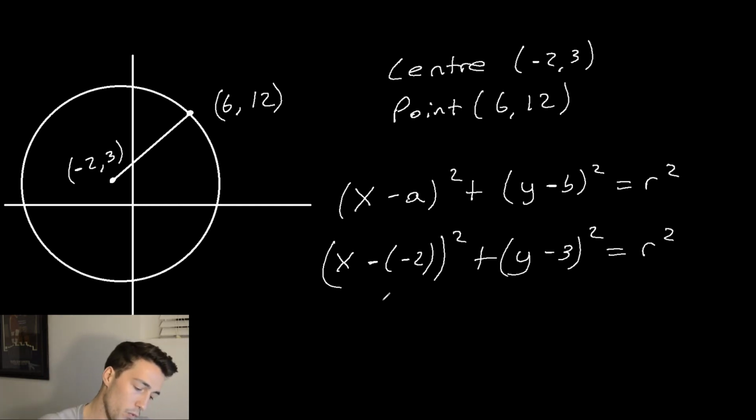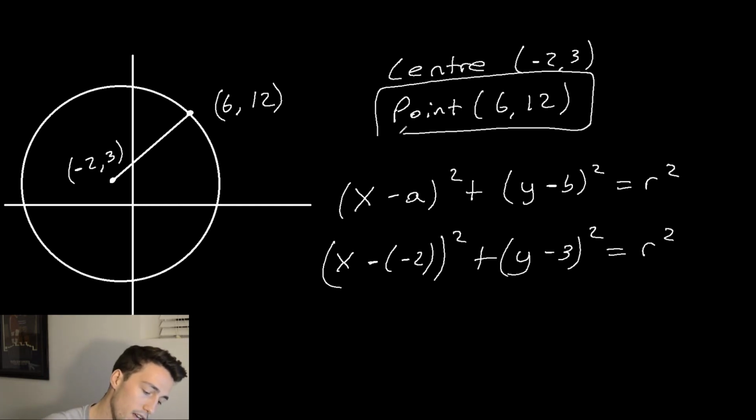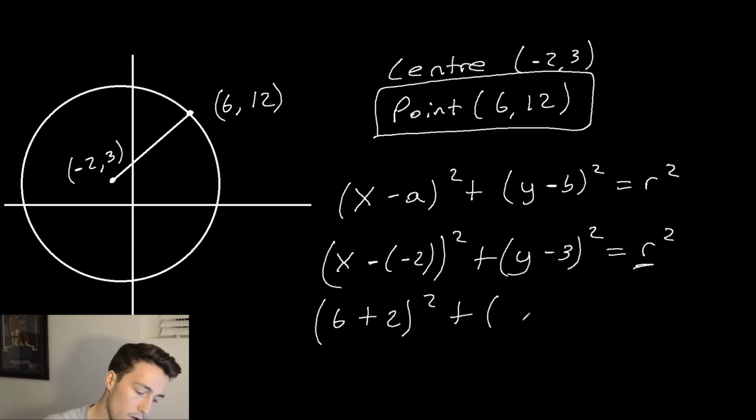Now we can use this point and substitute in the x and y values to find the radius. So x is 6, minus -2, or plus 2, squared, plus y, which is 12, minus 3, squared, equals the radius squared.